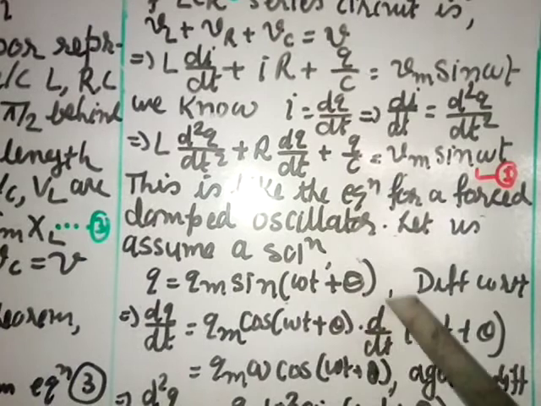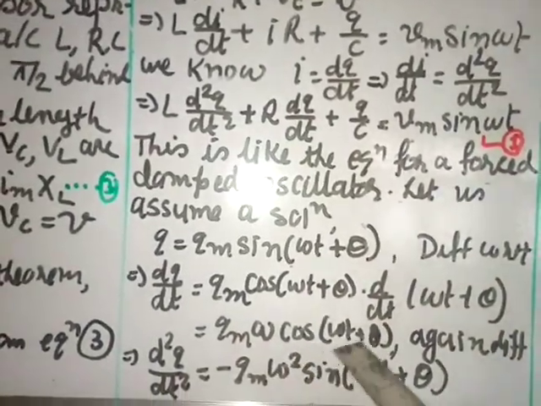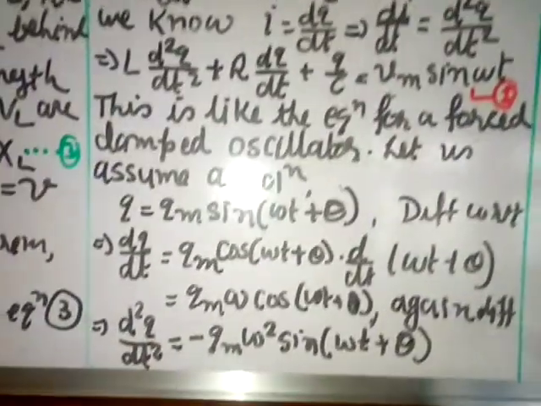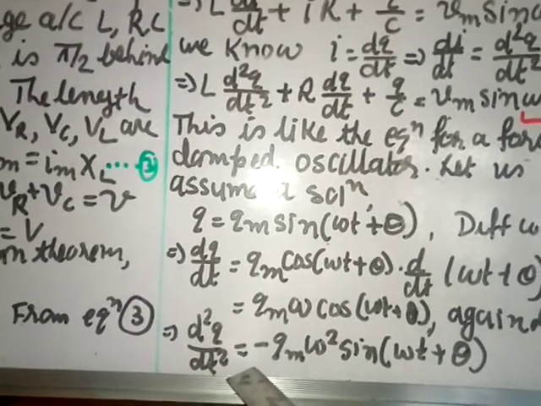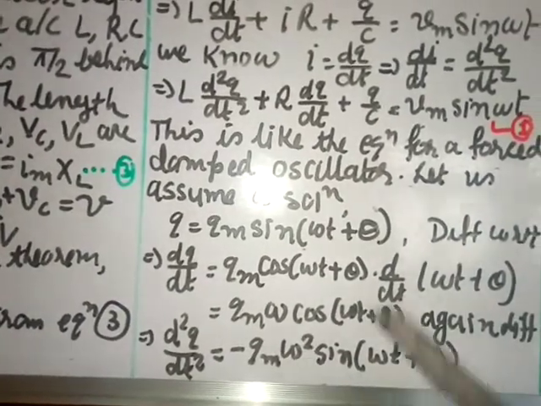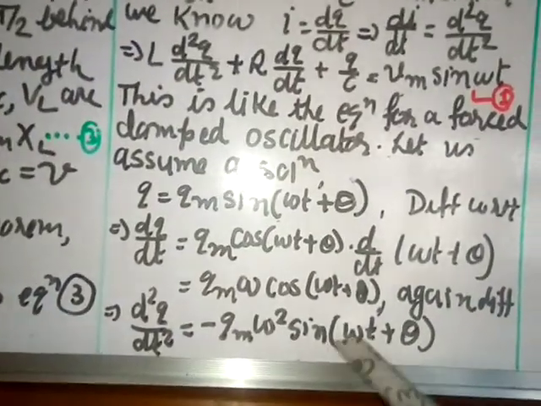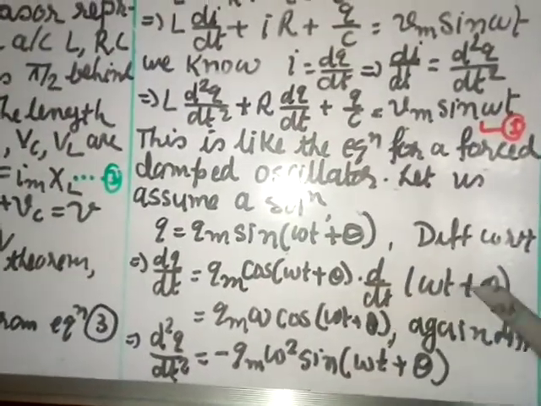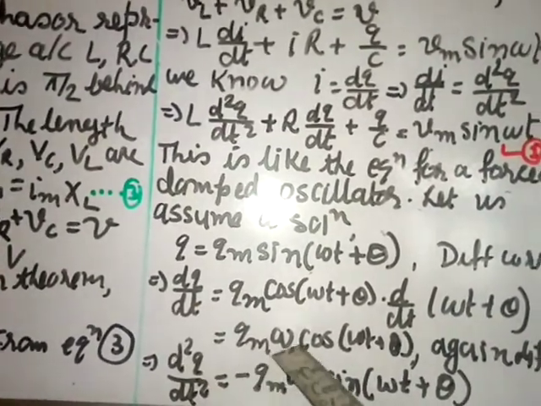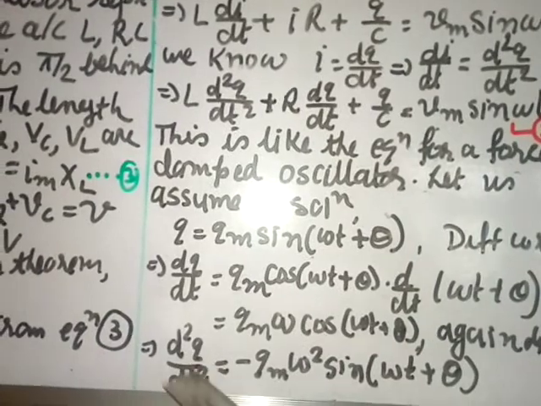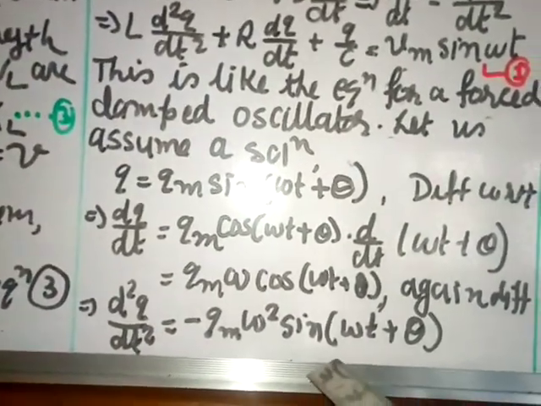Differentiating once again, d square q by dt square is equal to minus qm omega square sin(omega t plus theta), since omega comes out again.